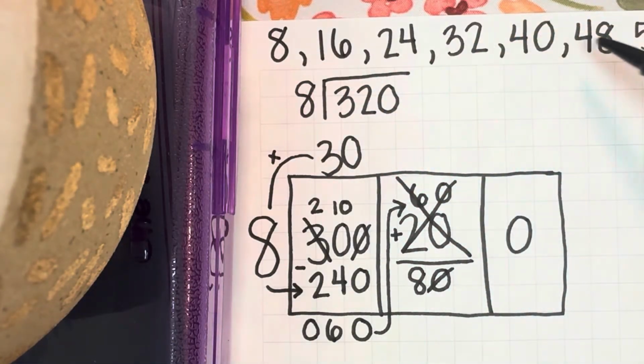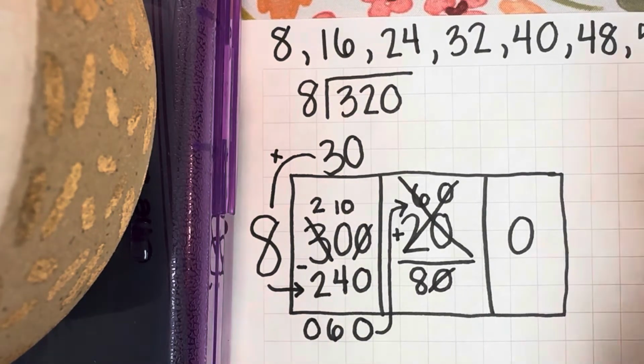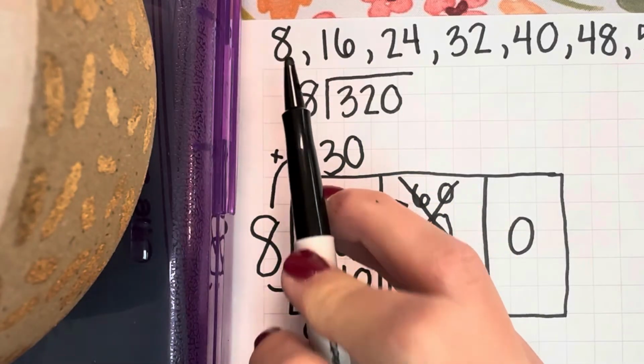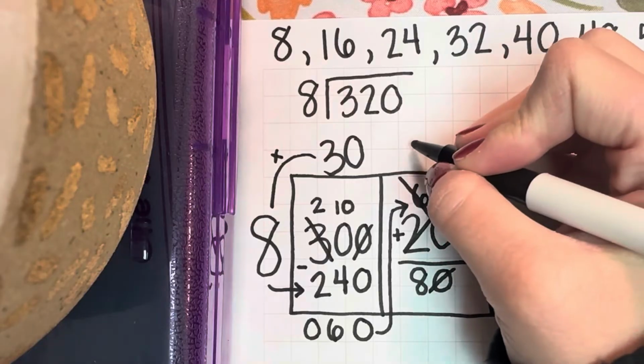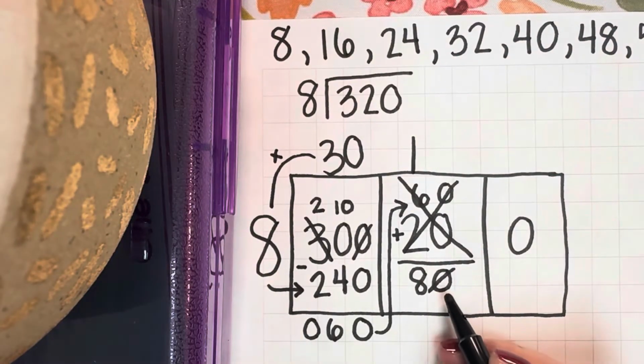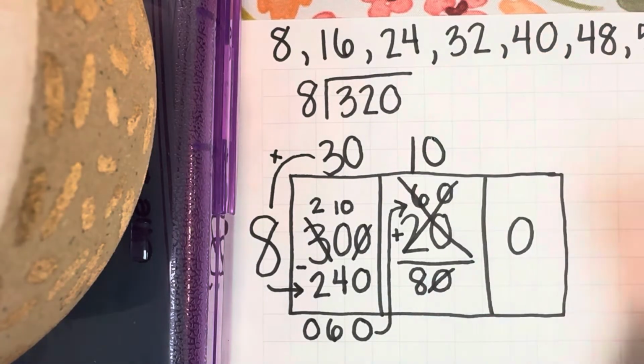I look at my numbers. How close can I get to 8 without going over? I have exactly 8 over here, and that is one group. So one group, and I have a 0 that I crossed out. So he goes up here.